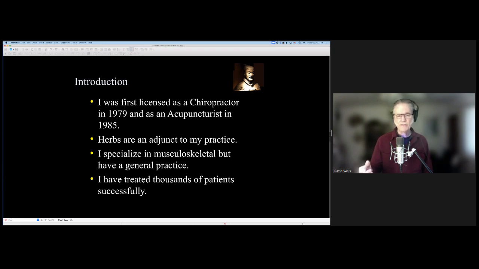As I went through chiropractic college, and they would say, ringing in the ears, 8th cranial nerve, and I'd say yeah, well, what about kidney deficiency? All the way through, I was screening Western medicine through the viewpoint of Chinese medicine.